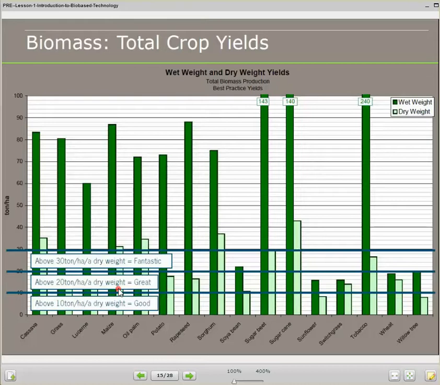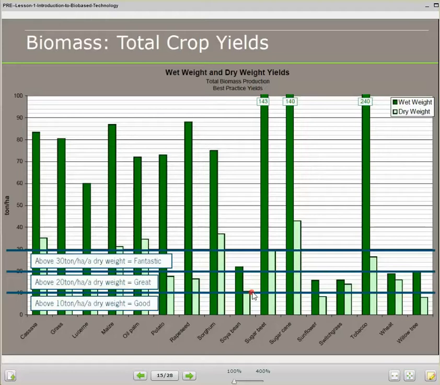So which ones now fall off? Someone other than Christian. Okay, Christian, you can say it too. Soybean, correct. So soybean is classified as good, 10, but not great.